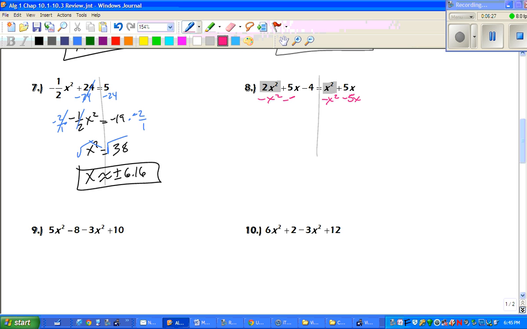And then we're going to subtract the 5x as well. 5x cancels. We're left with x squared. Oh, well, what do you know? Those x's cancel too. And x squared minus 4 equals 0. Well, I can tell that it's a binomial with subtraction, and I can square root both of those.